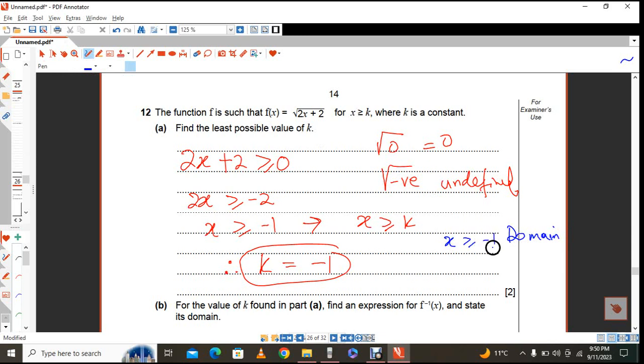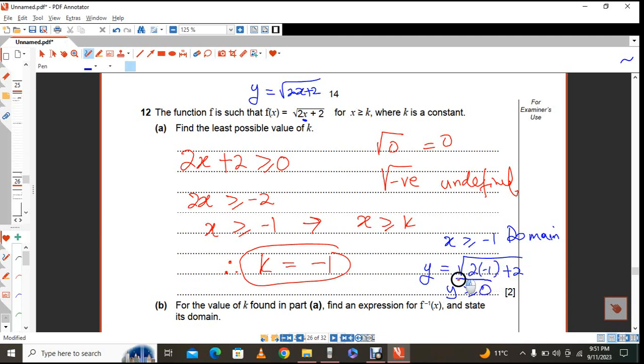Once you take this x, which is greater than or equal to negative 1, and you input it under here, you're going to get the range, because this is the same as y equals that business over there, the square root of 2x plus 2. So if you were to input that value, 2 with negative 1, for example, plus 2, you'd realize that y is supposed to be greater than or equal to 0.